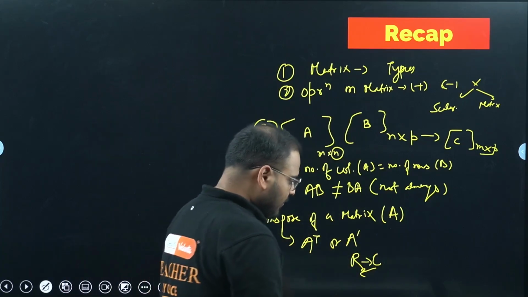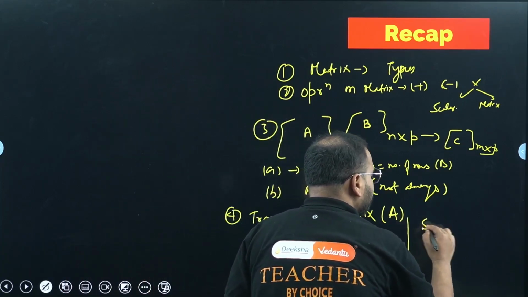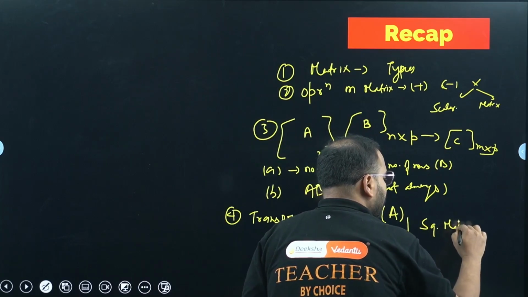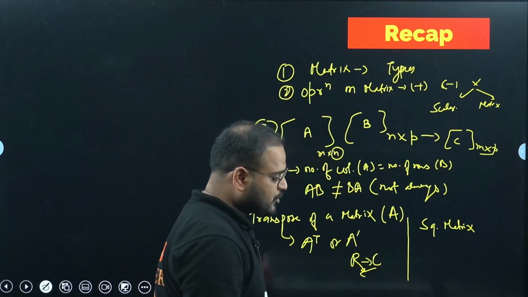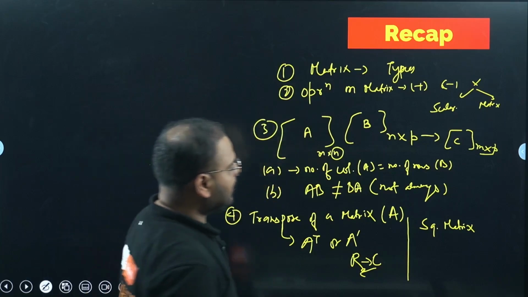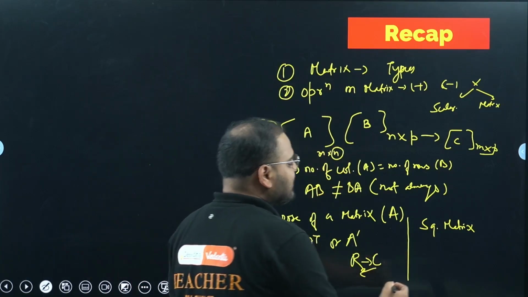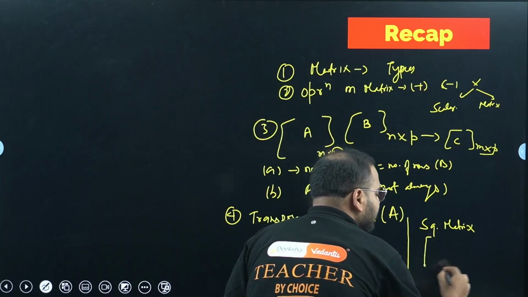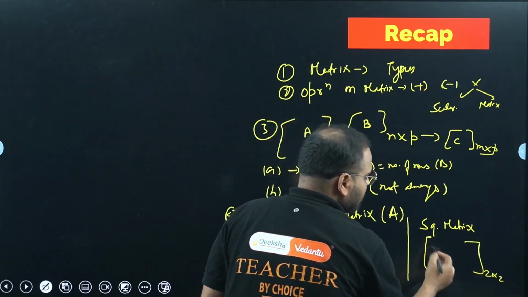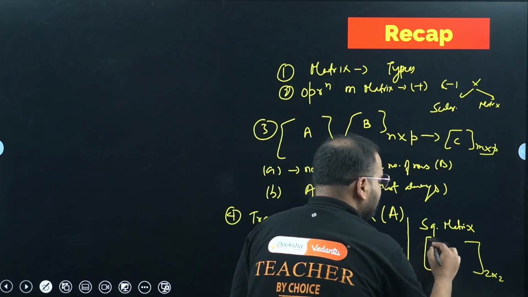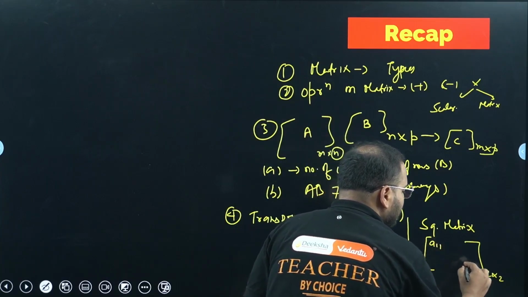The other way was only for a square matrix. What is the case for a square matrix? We don't have to change it exactly, just make sure. Let's say I take a 2 cross 2 matrix and keep the diagonal the same. The diagonal elements in this case are A11 and A22.